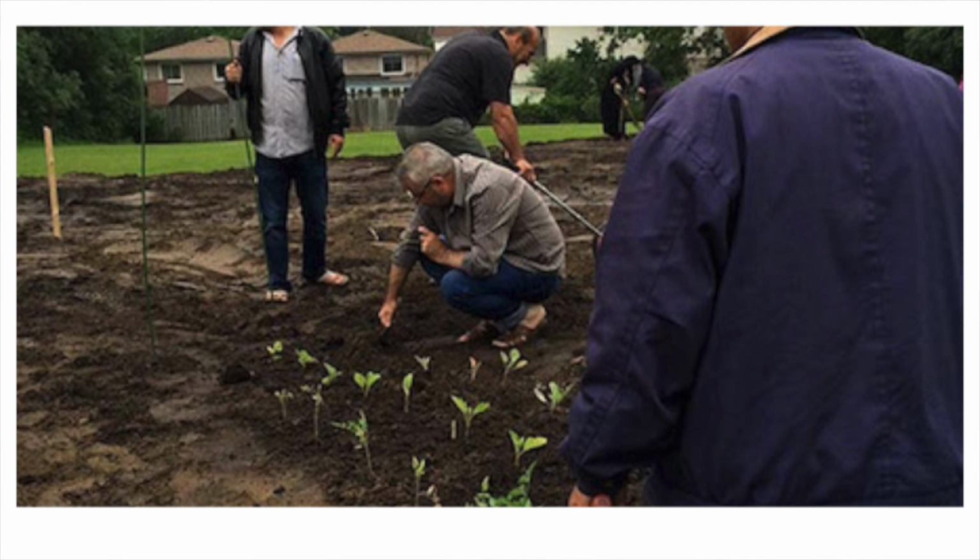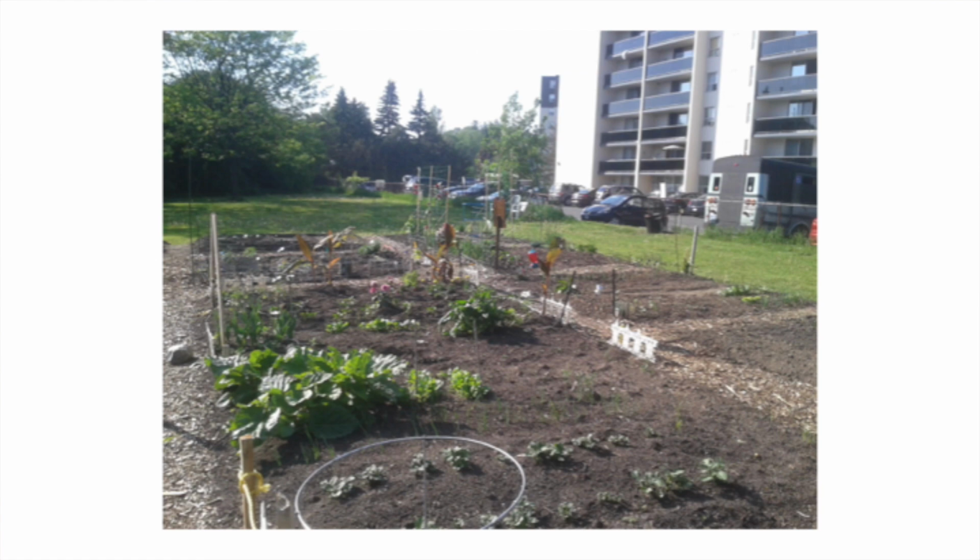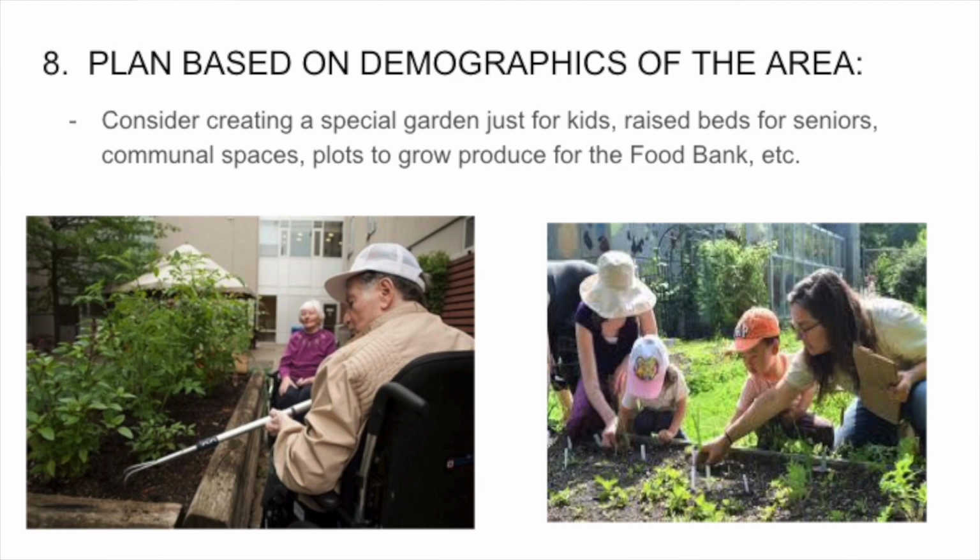So here are some of the gardeners. These are some of the Syrians. And this is the garden this year in the spring at Tallwood. So step number 8, plan your community garden based on the demographics of the area.